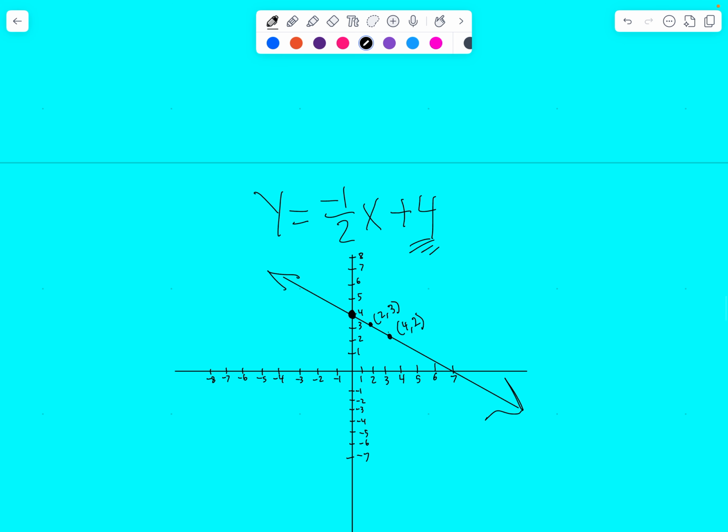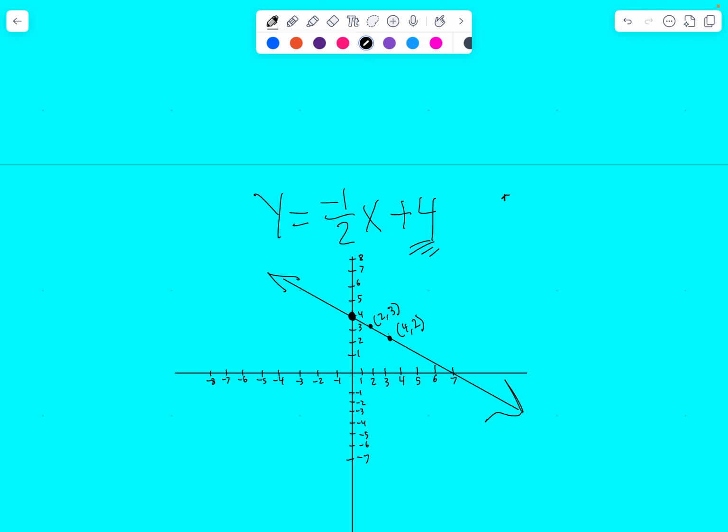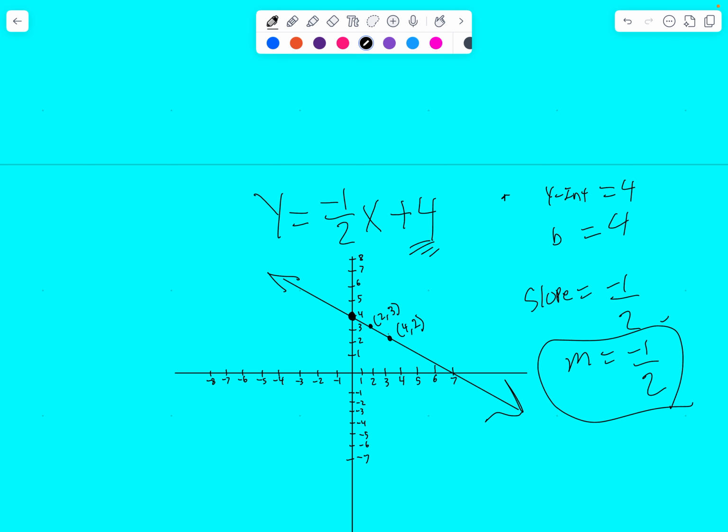And that's how you do that. So your y-intercept, or your b, either one you can say, is 4. Your slope is just the number in front of x, negative 1/2. And m is a fancy way of saying slope. Done. No units, no nothing.